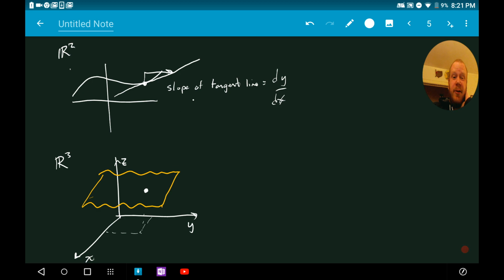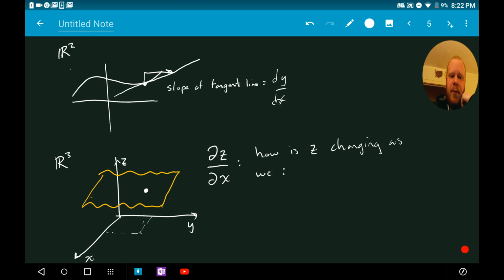It's still going to be the slope of a tangent line, but we've got multiple tangent lines to look at. So one thing we could think about is del z del x. This is answering the question, how is z changing as we move in the positive x direction?